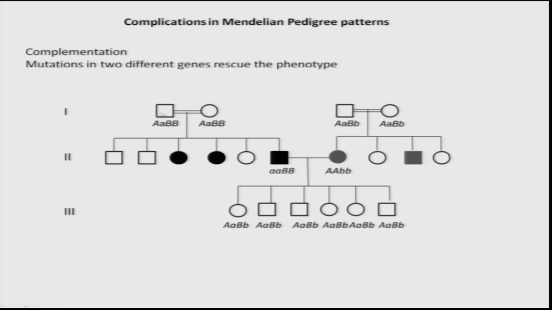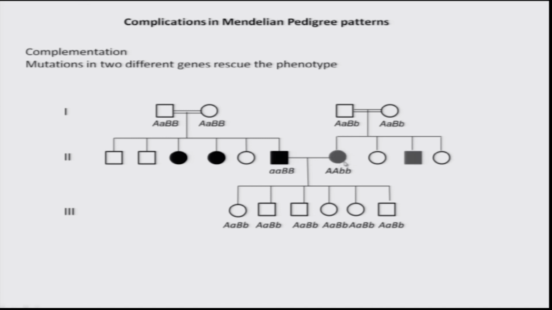And you have heterozygous parents, and you look at this particular individual who has the defective allele in homozygous condition, therefore he is showing the symptoms, and he is married to an individual again having a very similar condition, but she has a defect in altogether a different gene, and that condition is also recessive, and therefore she has both copies in homozygous condition, and she is showing the symptoms.